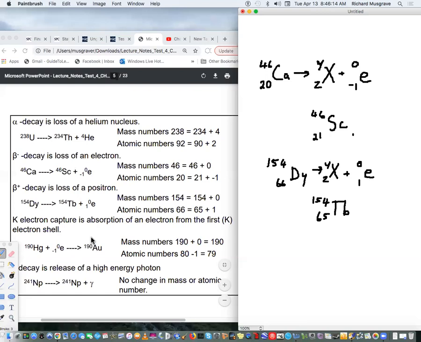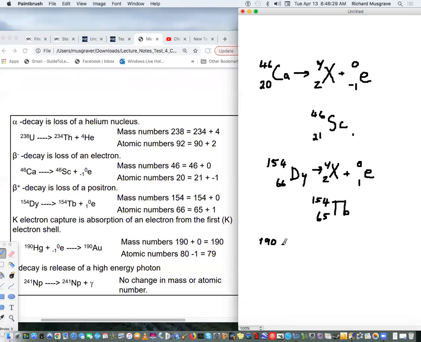So we know there are 2 electrons very close to the nucleus, the 1s electrons. So it's the absorption of these 1s electrons into the nucleus. Because it's an absorption and not a release, the electron is actually on the reactant side.